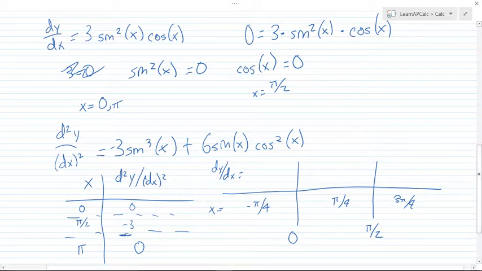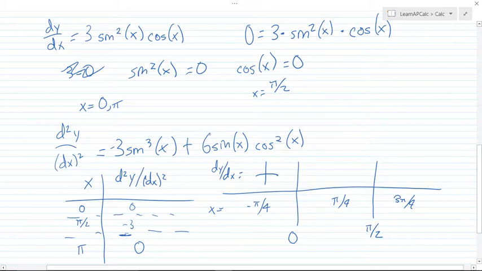So the sine of 11 pi over 4 is going to be negative root 2 over 2 squared, positive, times cosine of 11 pi over 4, which is positive root 2 over 2, so this is positive.